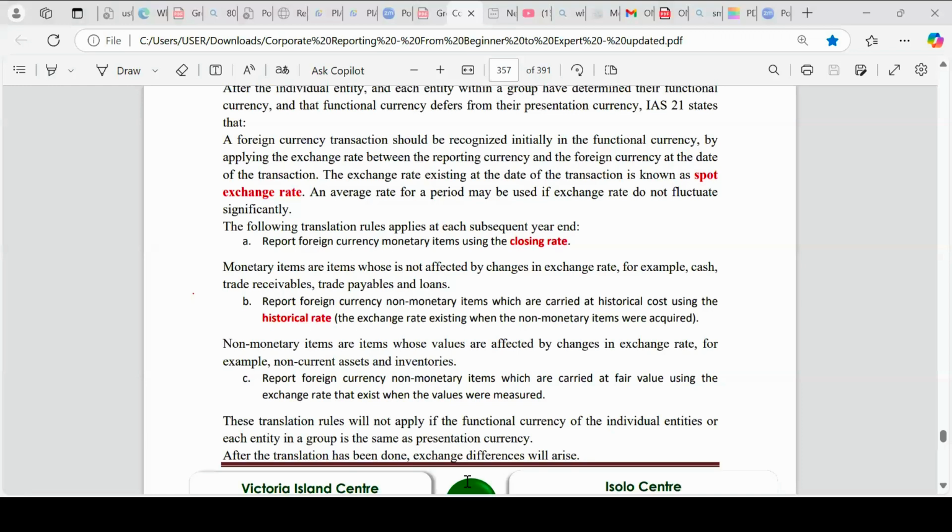Monetary items are, let me see how it is defined, items whose value is not affected by changes in exchange rates.